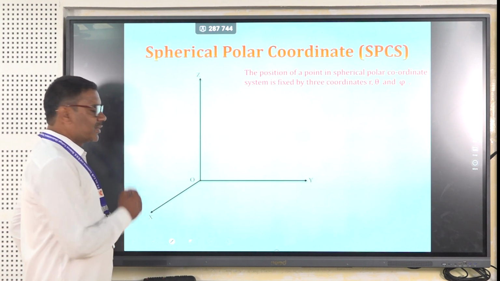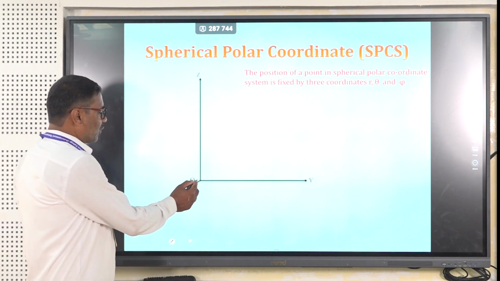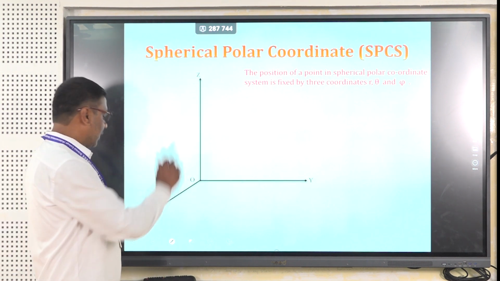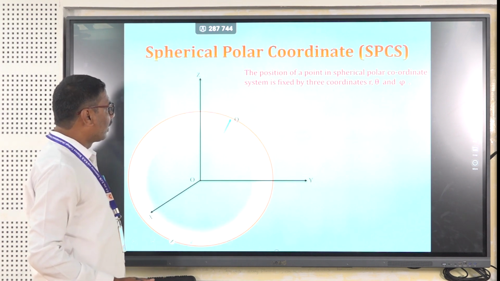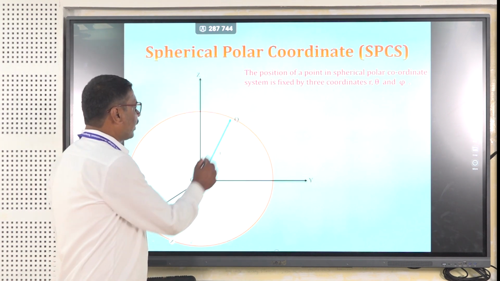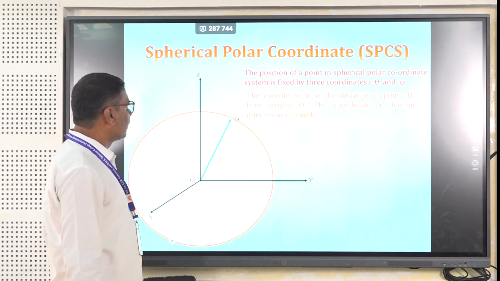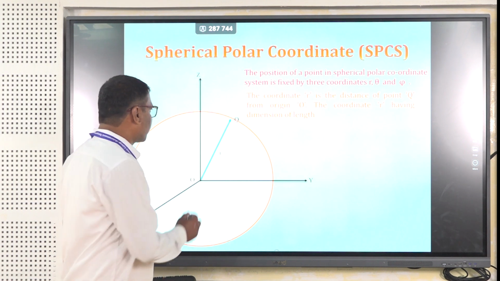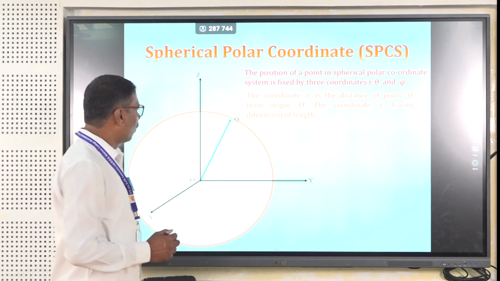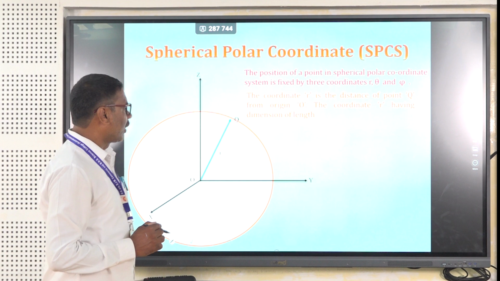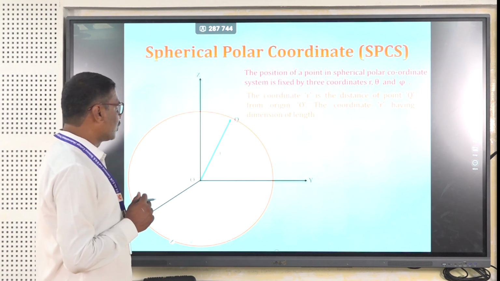Suppose this is the origin O, x axis, y axis and z axis. Now, the coordinate r is the distance of point Q from origin O.